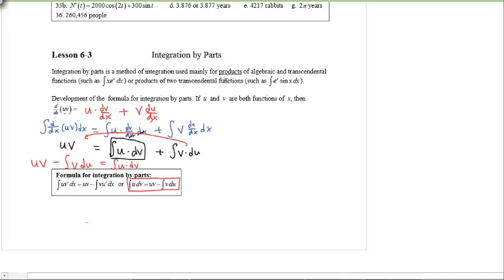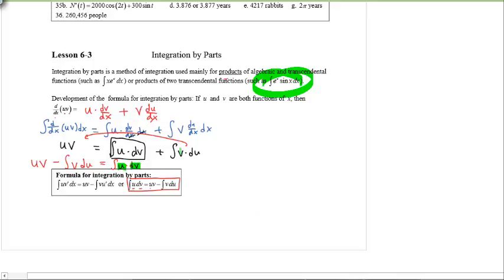The integral of u dv equals u times v minus the integral of v du. So bottom line, your strategy here is to break up your integral into two parts. Looking back, if you see the integral of e to the x sine x dx, your job is to break it up into two parts, a u and a dv.